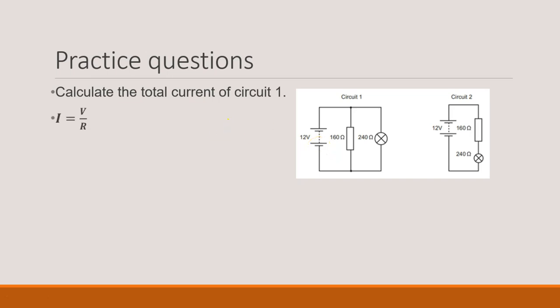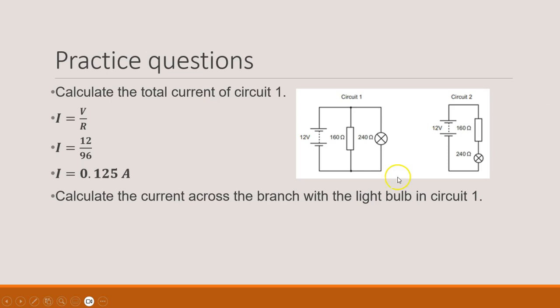I is equal to V over R, which is 12 divided by the total resistance of these two resistors, which is 96 ohms. So we get a total current of 0.125 amps. So that would be the ammeter reading before and after the branches of the parallel circuit.